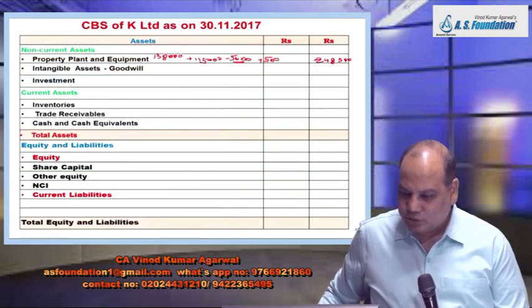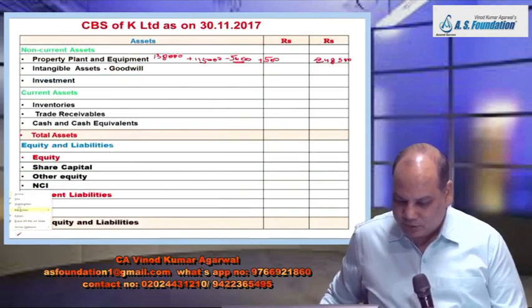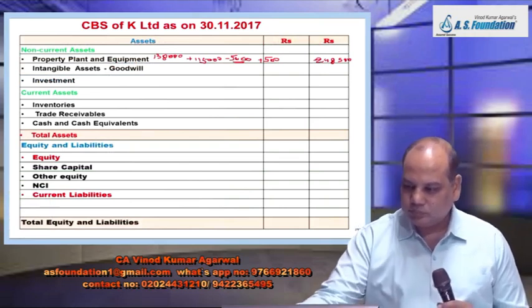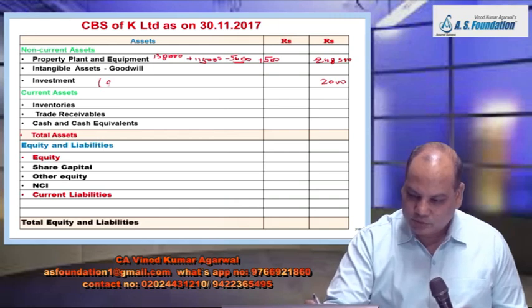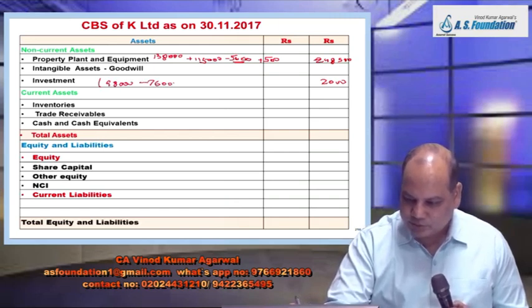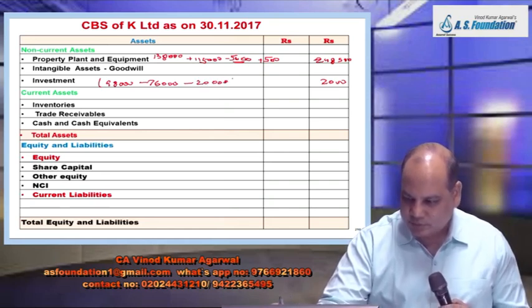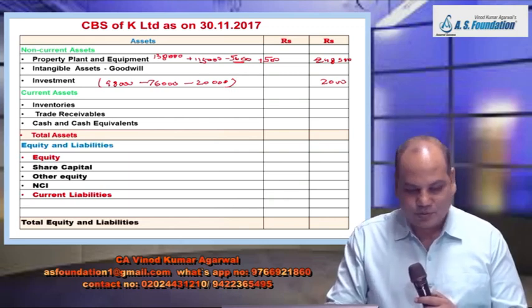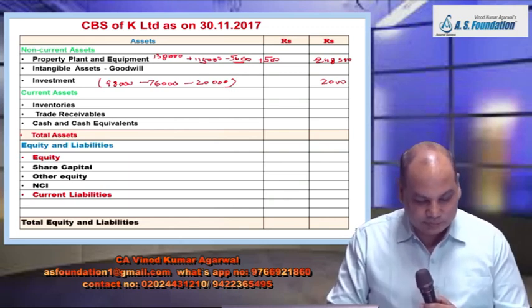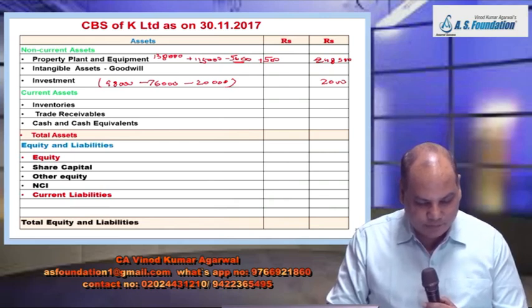And remaining 2,000 will appear as investment. Right calculation here also: 98,000 minus 76,000 minus 20,000. Okay, understandable. Next line.